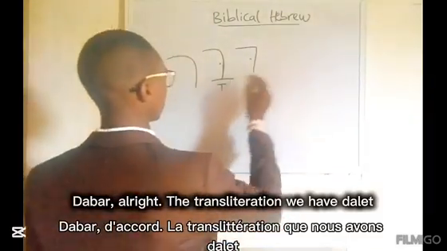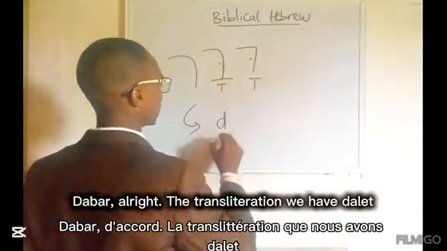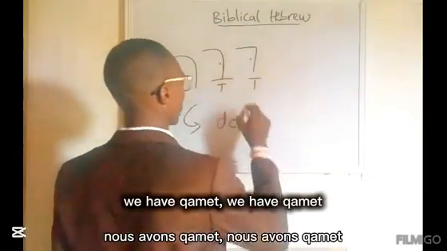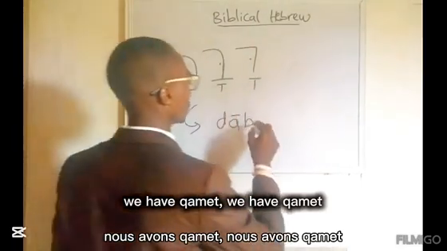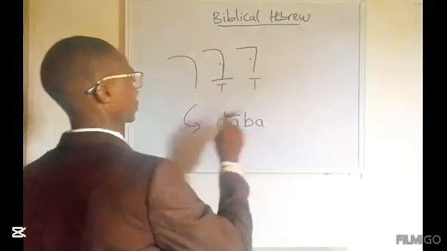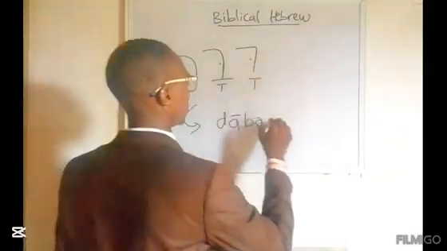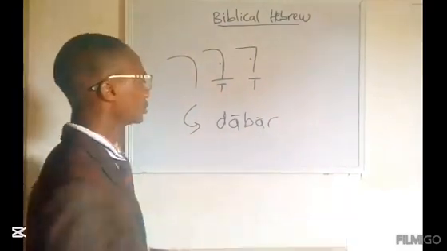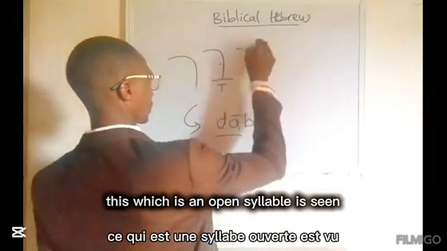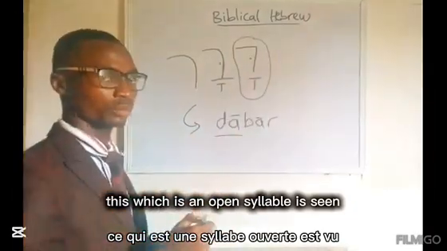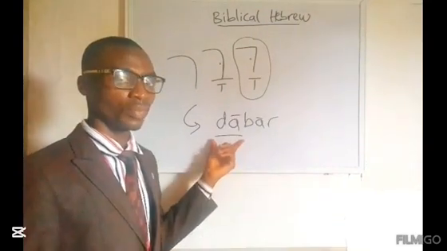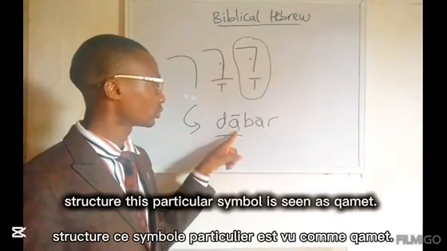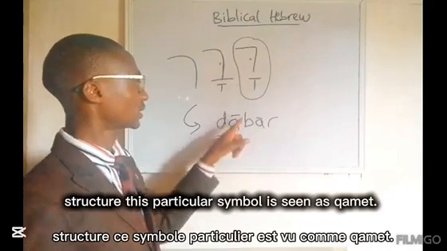Alright, so in the transliteration we have dalet, we have Qamet, we have bet, we have Qamet, and we have resh. Now, from this particular structure, this, which is an open syllable, is seen. This particular symbol is seen as Qamet.